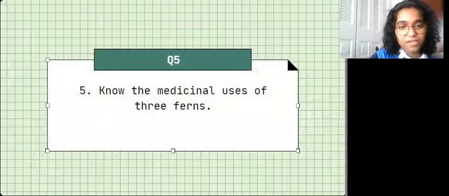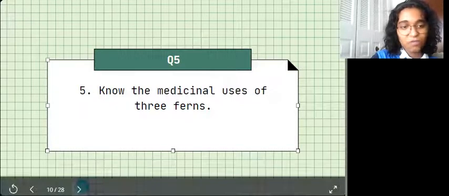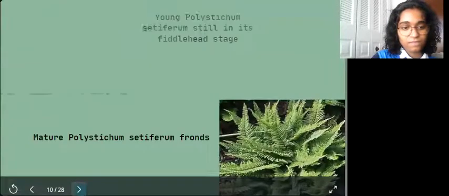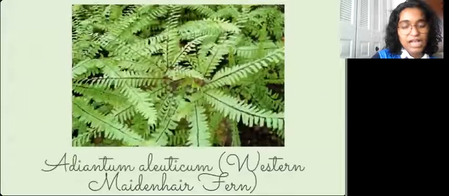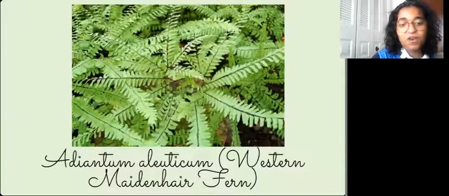Question number 5. Know the medical uses of tree ferns. So we're going to learn about the medical uses of tree ferns. Adiantum capillus-veneris, or I'll just pronounce it as Western maidenhair fern.